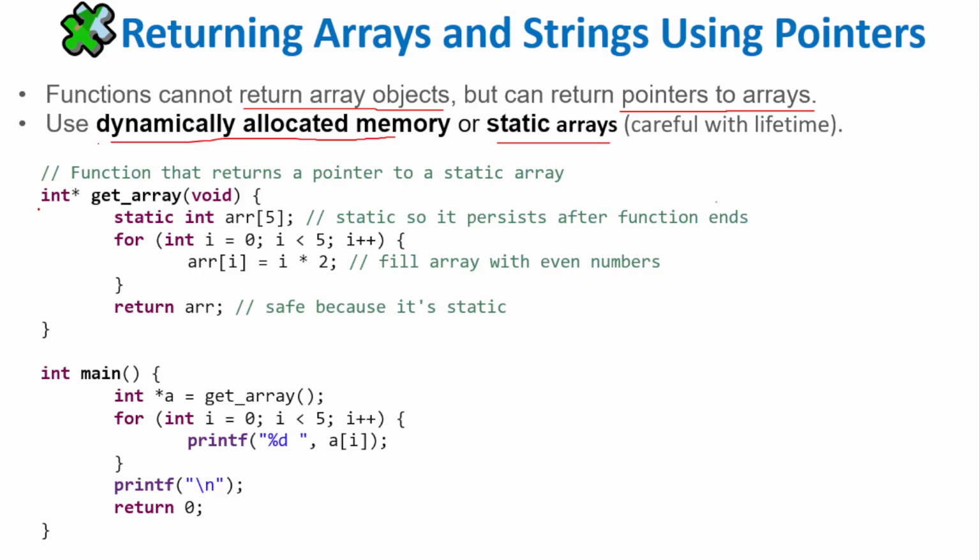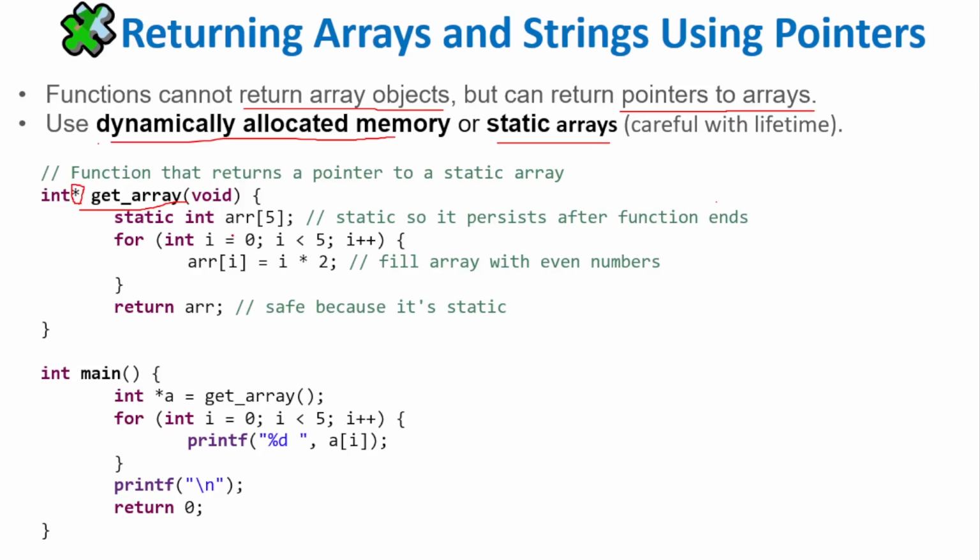See the example, please. In this example, we define a function getArray that returns a pointer to a static array of integers. The array is filled with even numbers from 0 to 8.